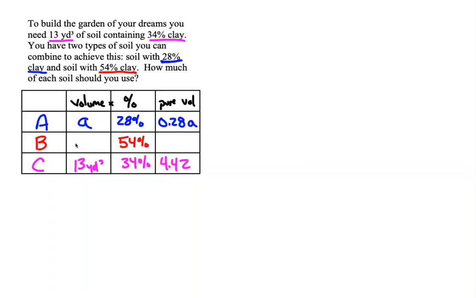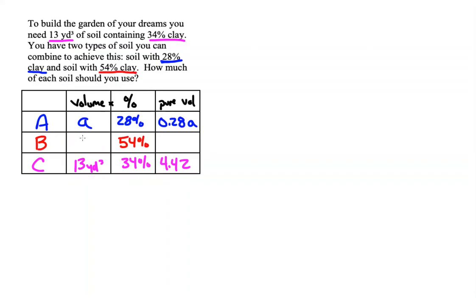Now for B, what's the volume? Well, I don't know what the volume is, so maybe I would just call it B. But now I have two variables, A and B, and that's harder to solve than one. So is there a way to fill in this box using the variable that I know? Yes, because A and whatever is in here together, when I add them up, will be 13 yards.